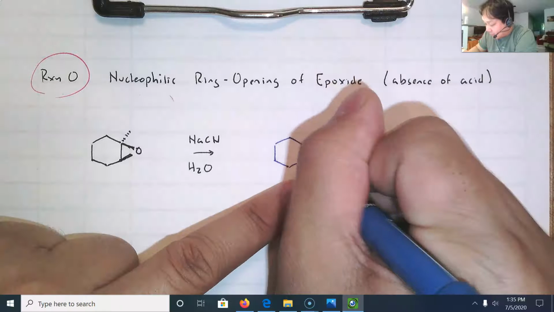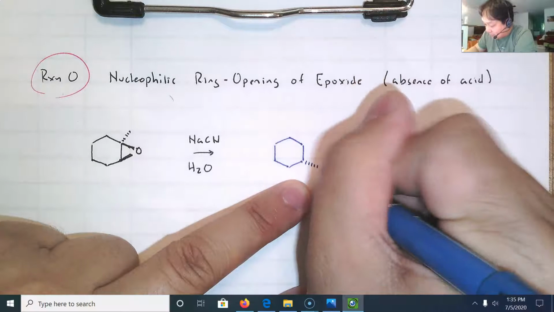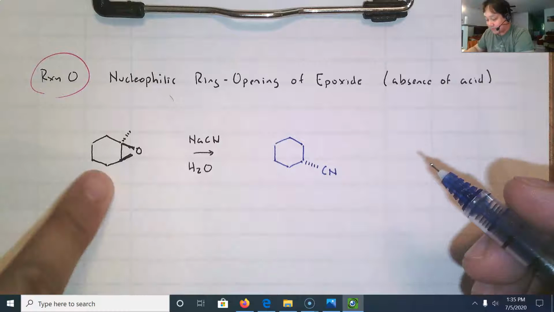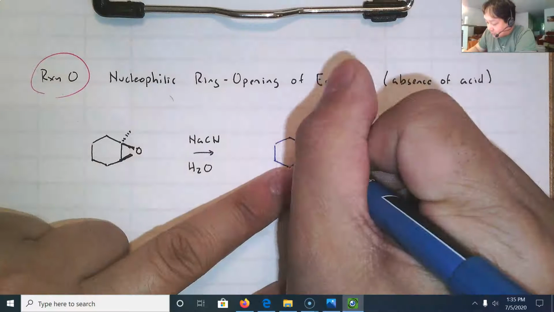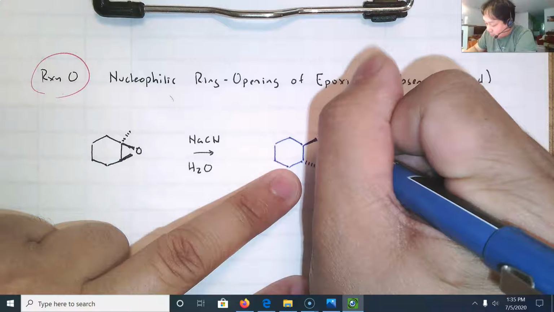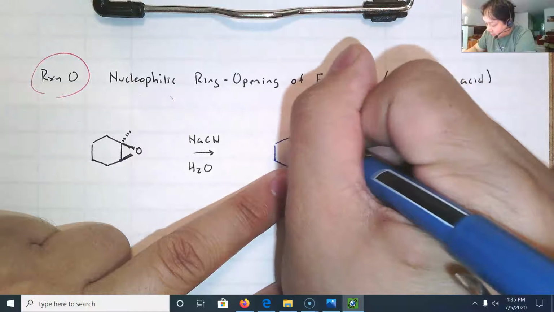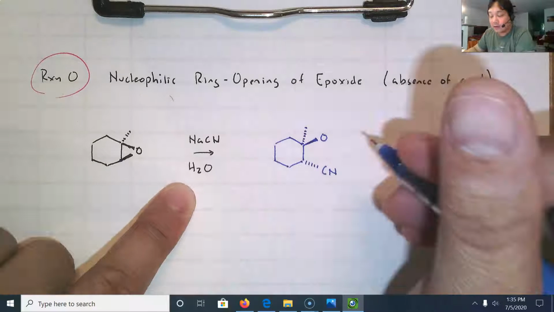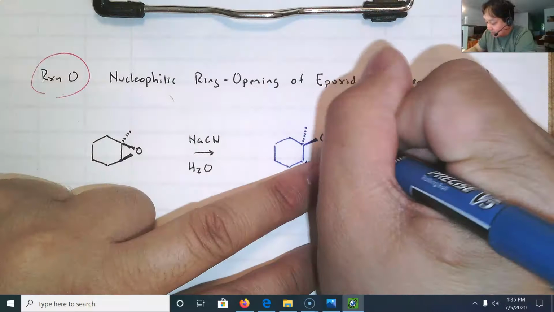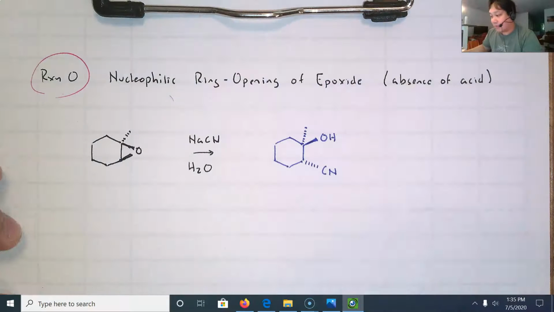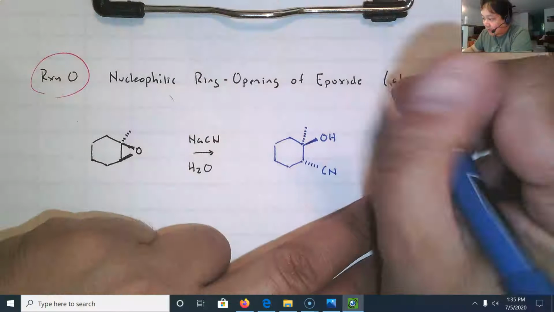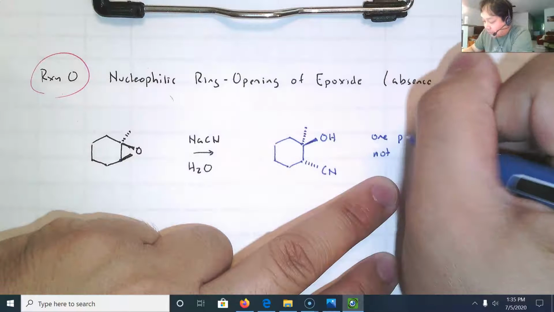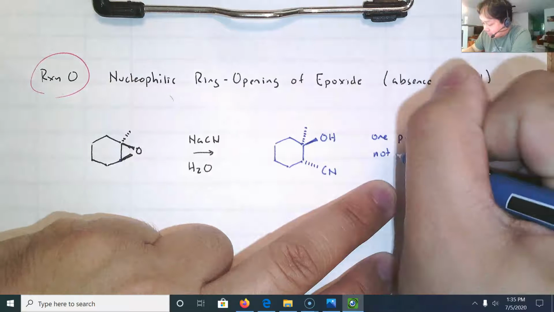Not only that, I'm going to make it dash, and we'll explain this in the mechanism, so just be patient. This oxygen is wedge, and this methyl group is still dash. The water is there to put in a proton. That is our only product. It's not racemic. It's one organic product, and not racemic.